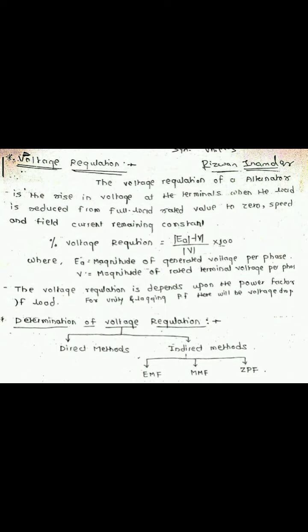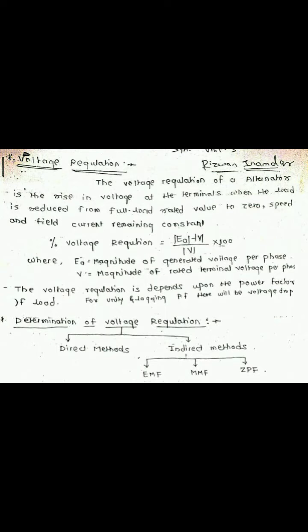In the indirect method, the first method is called the EMF method. Sometimes this method is called the synchronous impedance method. The second method is called the MMF, that is the magnetic motive force method, sometimes called the ampere turn method. The third method is called the zero power factor method, sometimes called the Potier triangle method.